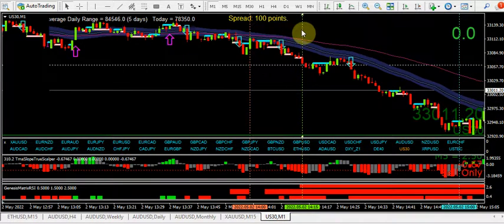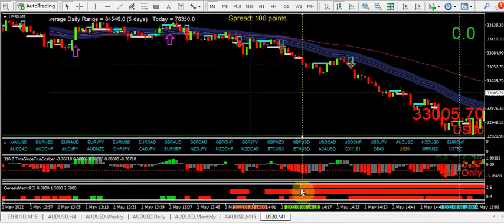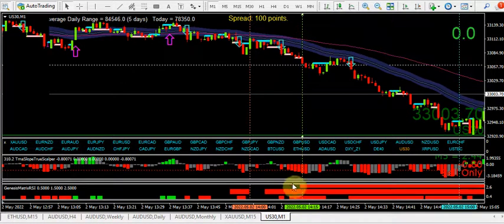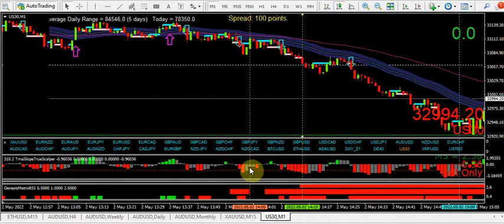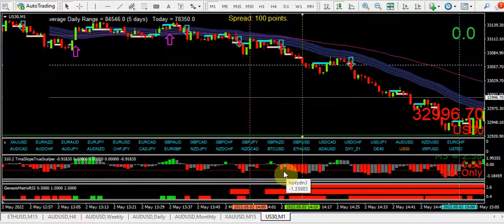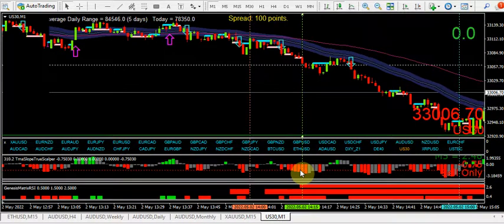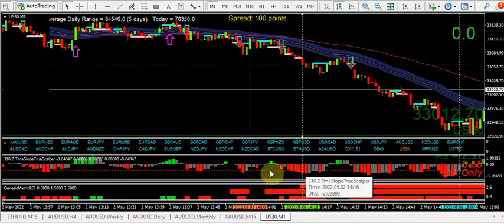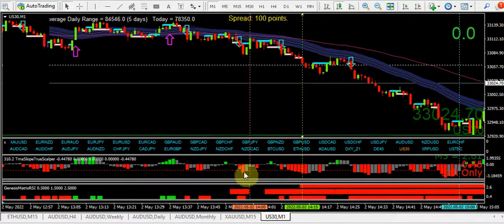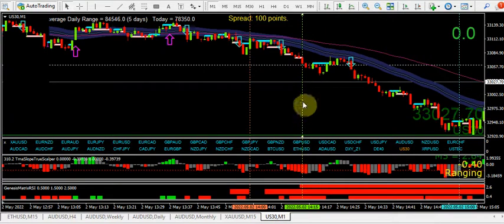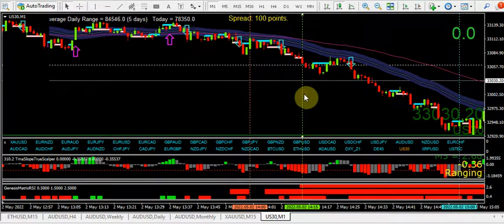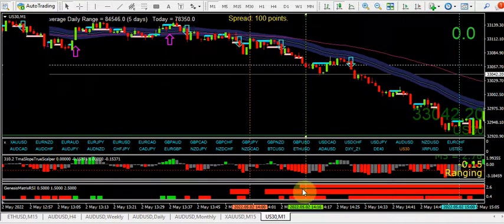I said I'd dump the TMA, but I think I would still like the normal current time frame RSI histo on here, just the original one, or Dinesh's one that changes with the time frame, if that makes any sense. But there you go, we've got a double bubble there.